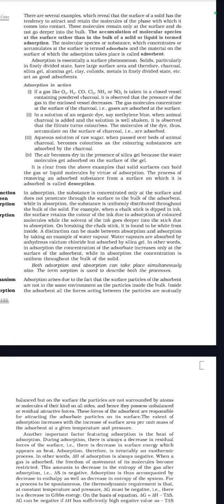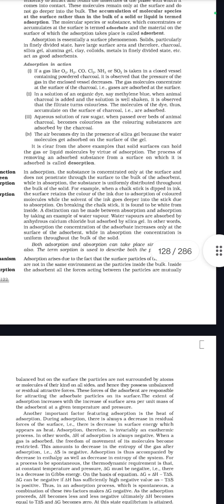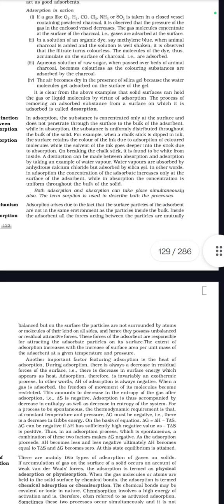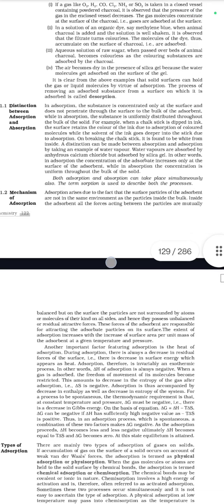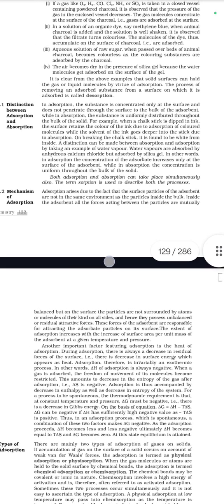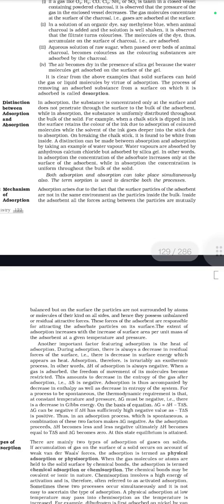In other words, in adsorption, the concentration of the adsorbate increases only at the surface of the adsorbent, while in absorption, the concentration is uniform throughout the bulk of the solid. Both adsorption and absorption can take place simultaneously. Also, the term sorption is used to describe both the processes.